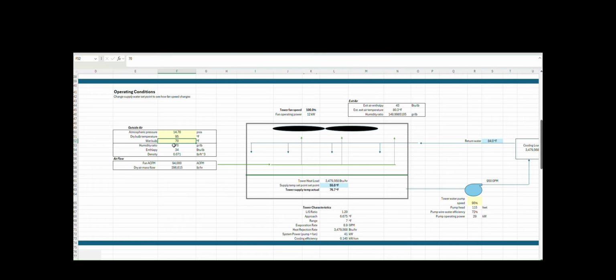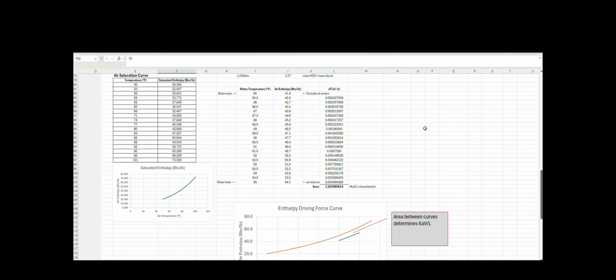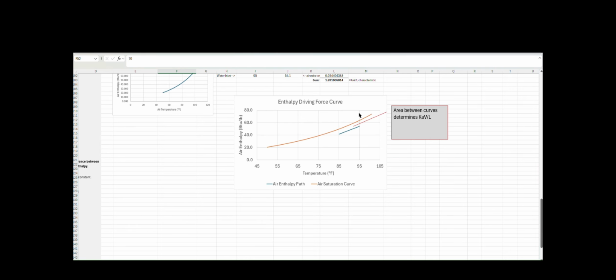Reason being, our wet bulb outside is 70 degrees. You cannot get a water temperature out that is colder than your wet bulb temperature. If we look on our driving force curve here, here's your entering air temperature.